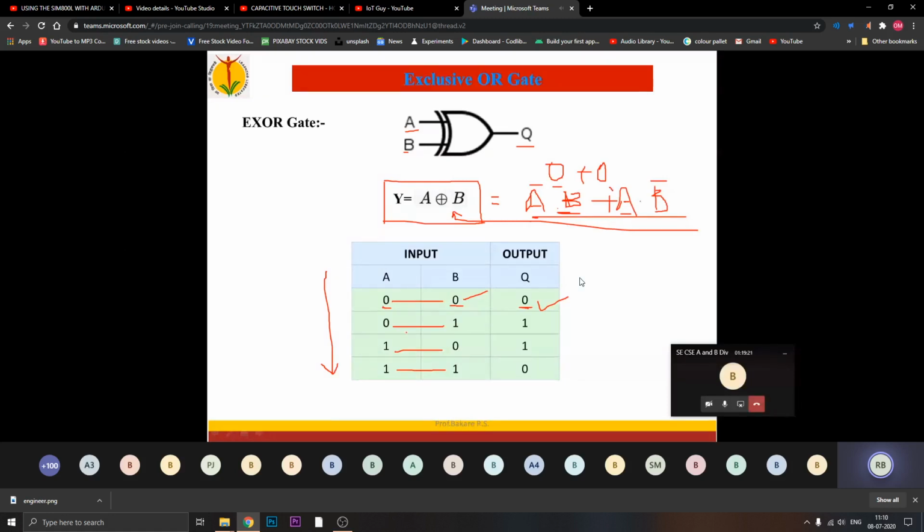Now if you put the second condition, A equal to 0 and B equal to 1, can anyone guess how it comes 1? Now look at our equation for the exclusive OR gate: A bar into B. This is the first term.